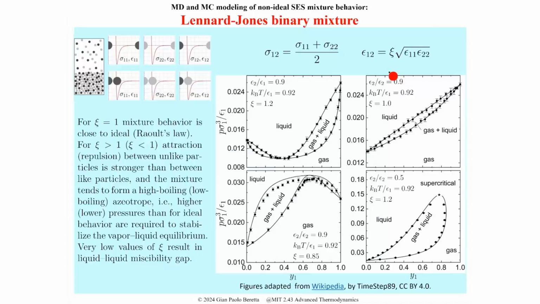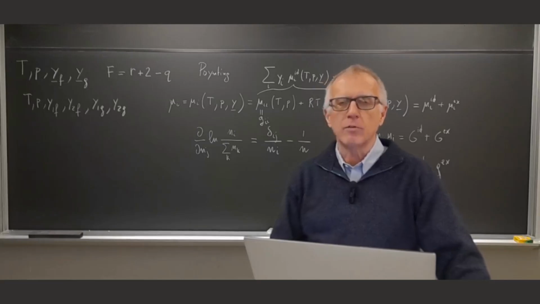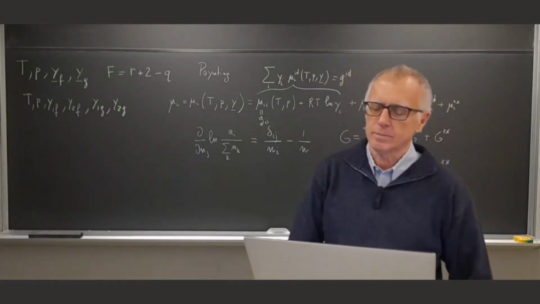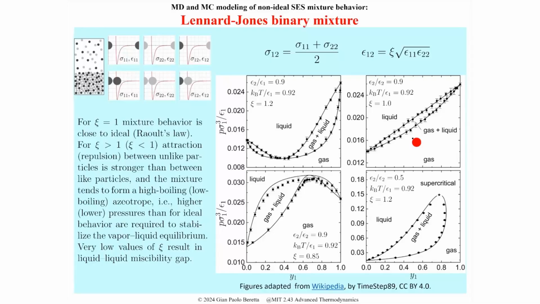Now, if xi is equal to 1, this geometric mean gives you the equivalent of the ideal solution model. And in fact, you get that the bubble line is a straight line. And this is with xi equal to 1.